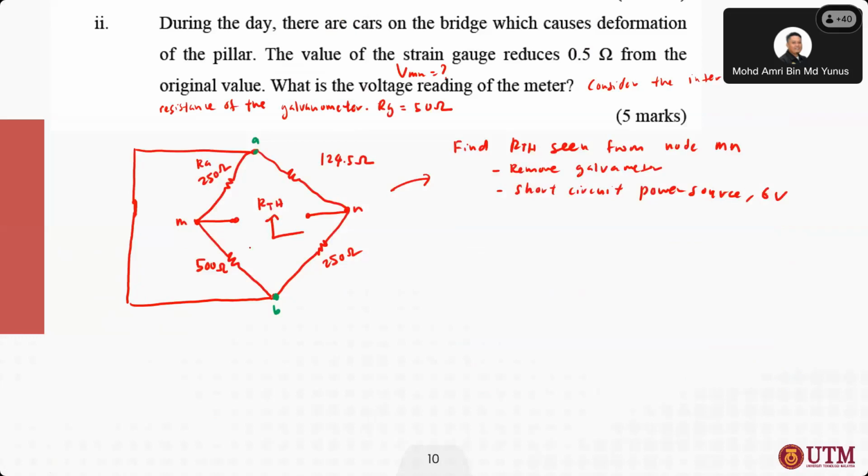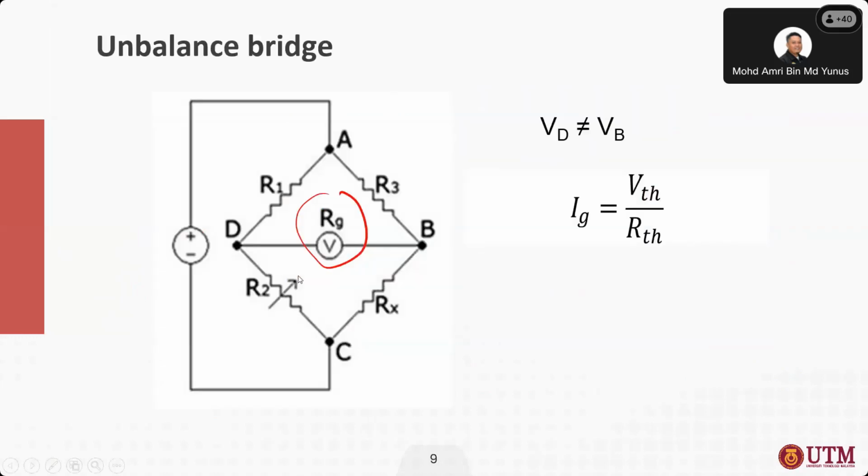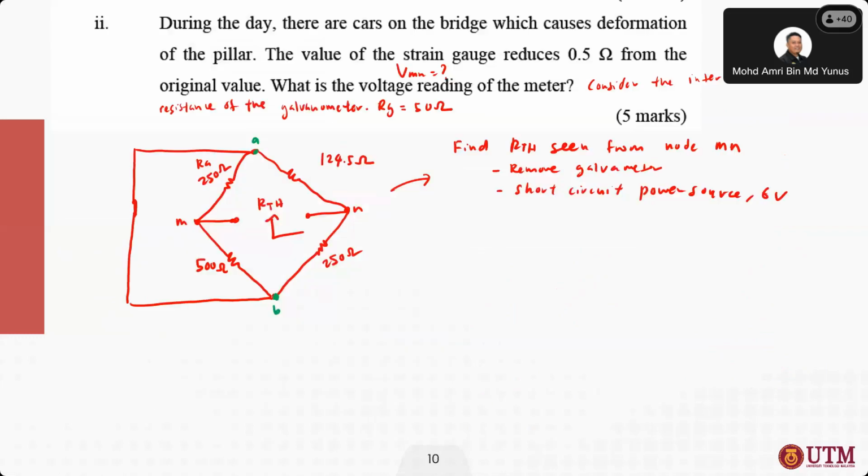This is RA. This is RB. This is RG. And this is RC. And then we want to find the equivalent RTH seen from here, from node M and N. So we need to reorganize carefully.